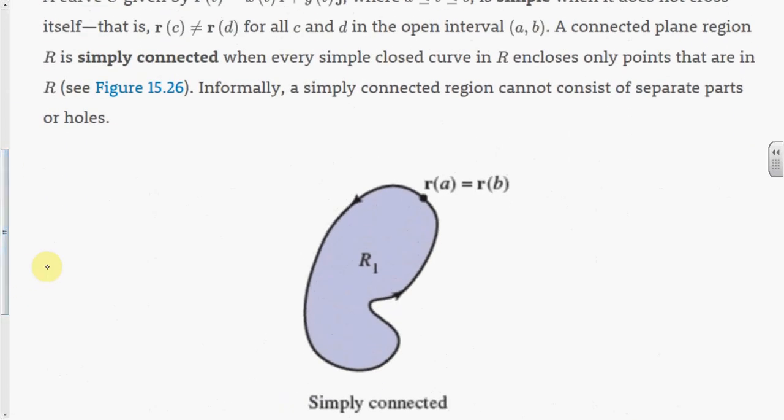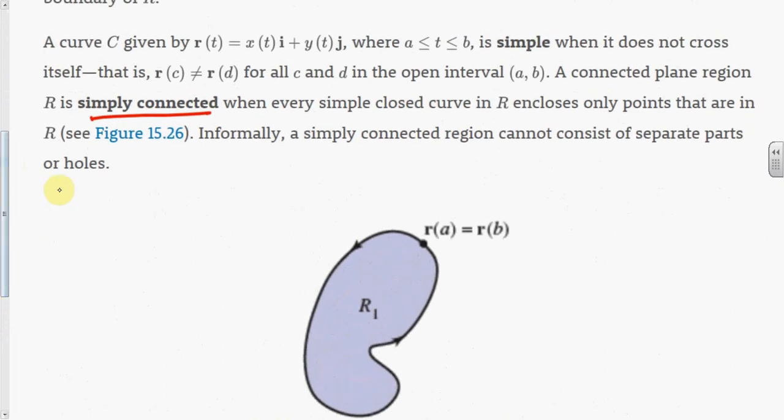But he makes the criteria. He says that I have to have what he calls a simply connected region, and he defines simple here. A curve is said to be simple when it does not cross itself.